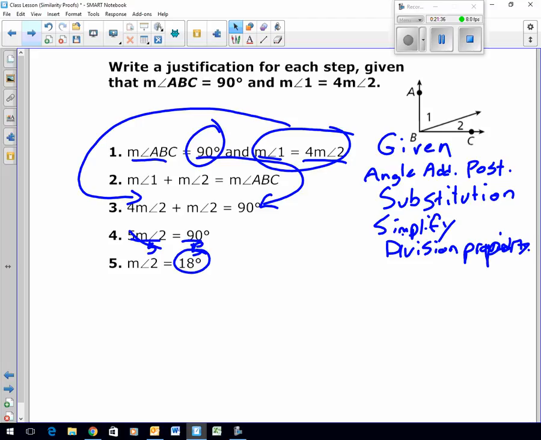How'd you get that? 90 minus 18 would work, correct? Remember, this has to be true: 1 plus 2 has to equal ABC. ABC is 90. 2 is 18. That means that x plus 18 is 90. I subtract 18, I get 72, right?